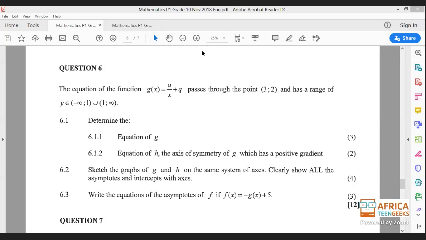Yes, you say y equals a over x plus q. Then where there's the y, you fill in the 2 from the points. Very good. Then where there's the x, you fill in the 3. Then you solve for a, then a equals 3. Then where there's the a, you put the 3, so 3 over x plus 1.